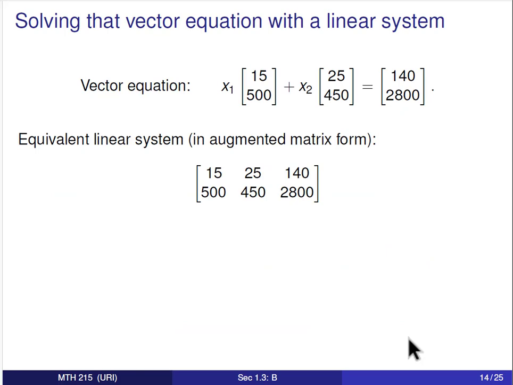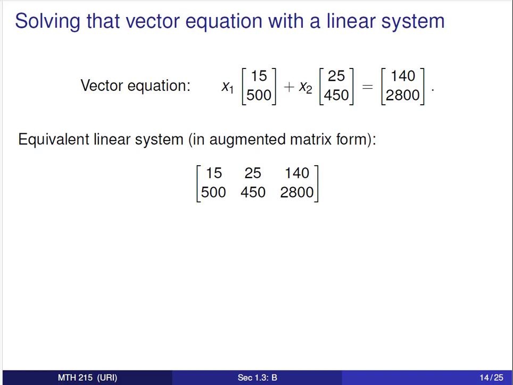Now, if we were to answer that, the easiest way is to go back to what we did for linear systems. We'll take this vector equation and make its columns the columns of an augmented matrix corresponding to a linear system for each of the coefficients x1 and x2.